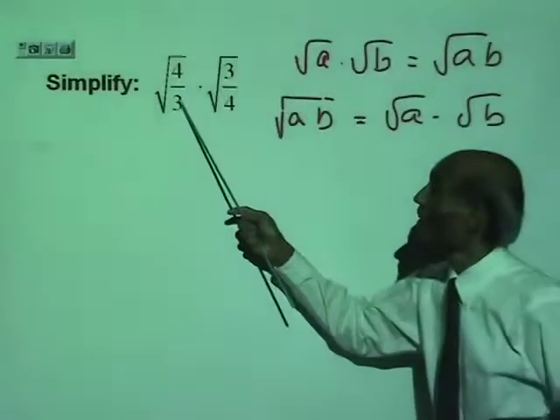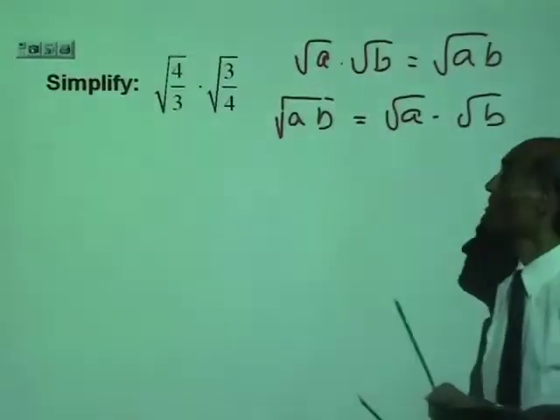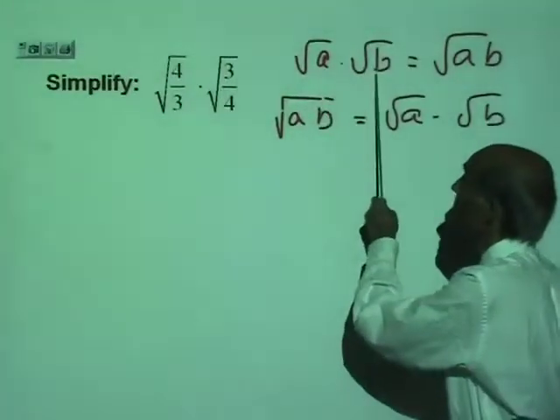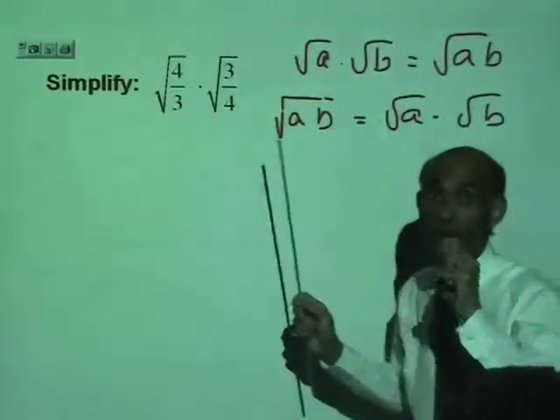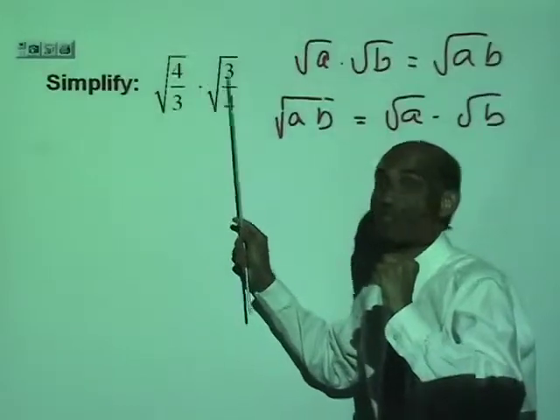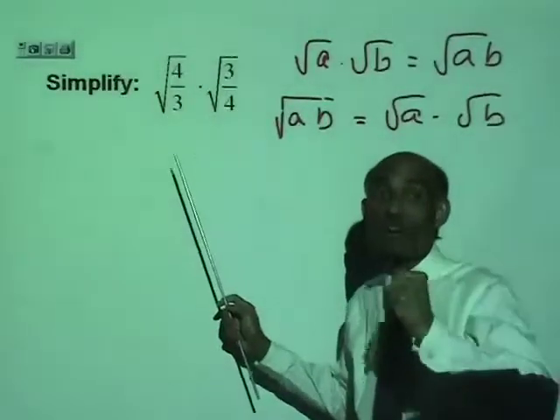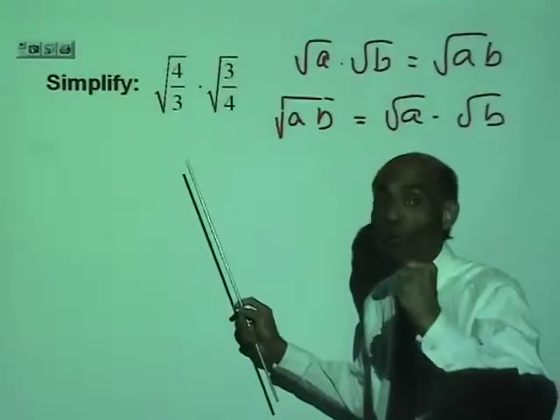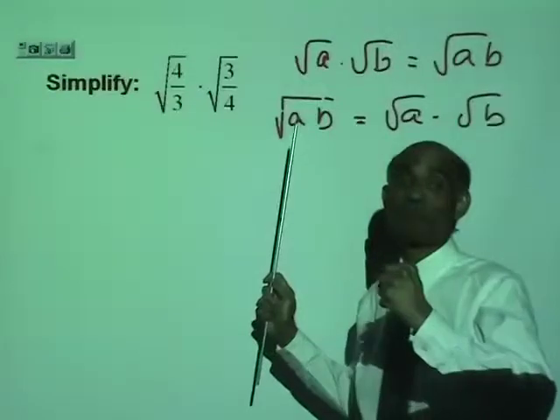So, what will this become using this rule? Square root of a times square root of b equals square root of ab. Square root of 4 over 3 times square root of 3 over 4 is square root of what? 4 over 3 times 3 over 4.